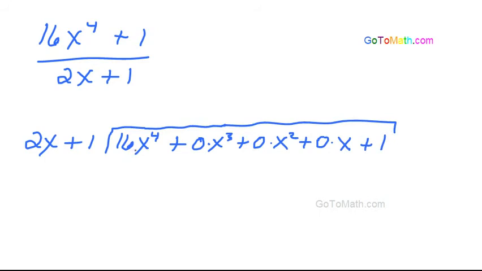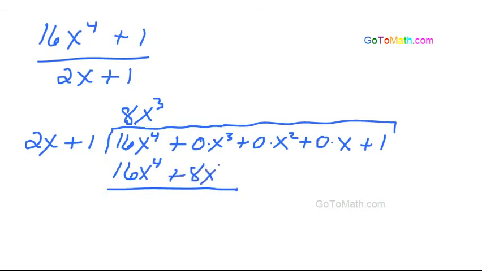Alright, so 2x goes into 16x to the fourth. That's going to be 8x cubed. And then we have 8x cubed times 2x gives us 16x to the fourth. Then 8x cubed times 1 is 8x cubed. All right, go minus, minus.